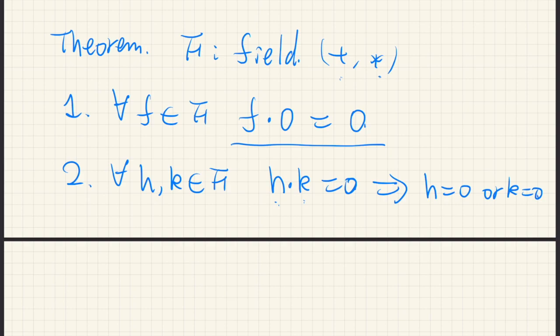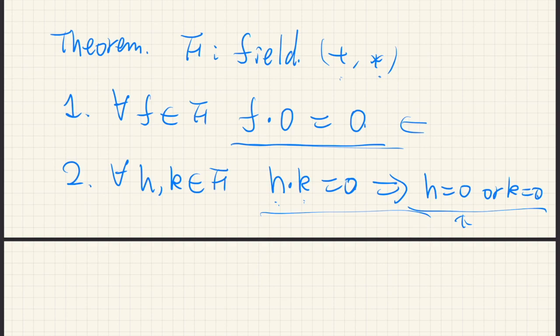If you know the arithmetic of ordinary numbers, like real numbers, these properties are so trivial. But these properties are not specific to numbers. As long as a set is a field, the same thing happens. So it's a universal property among all fields.